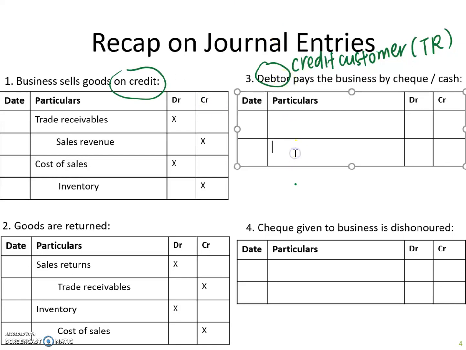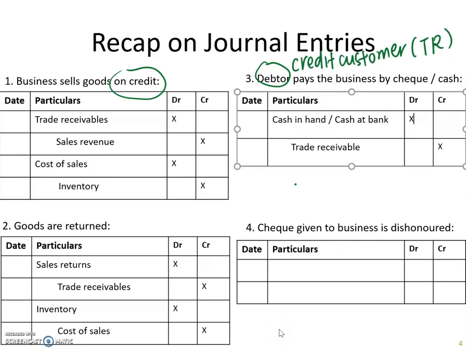So I credit trade receivable. Okay, and I debit either cash in hand or cash at bank because the business receives the cash or check from the customer.